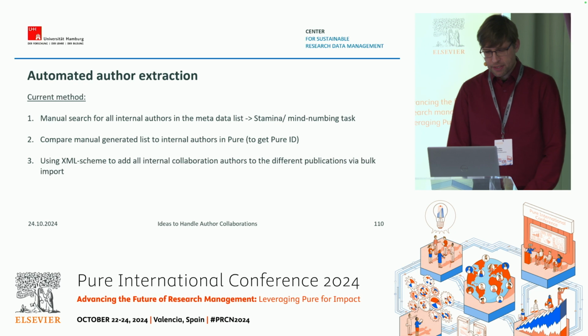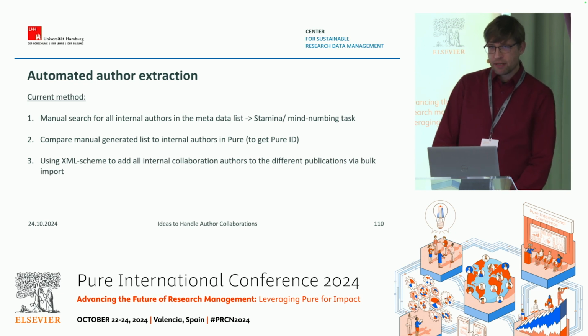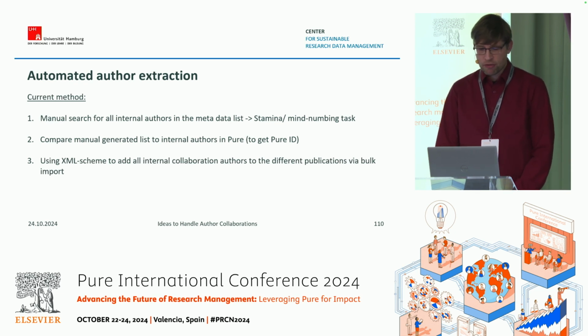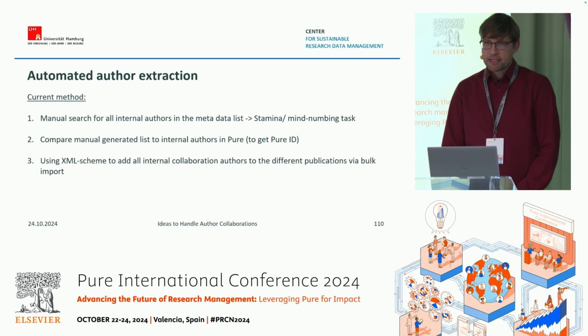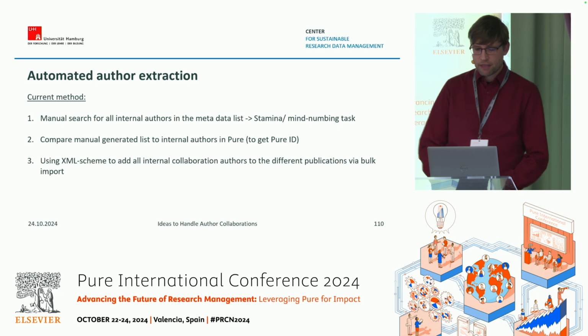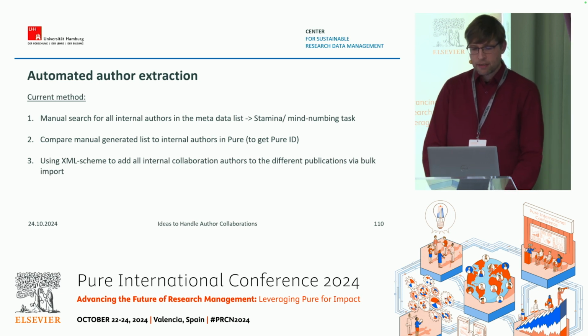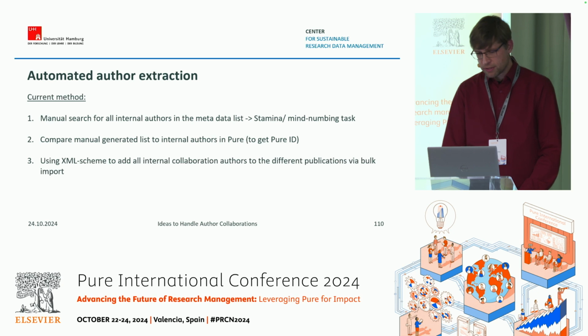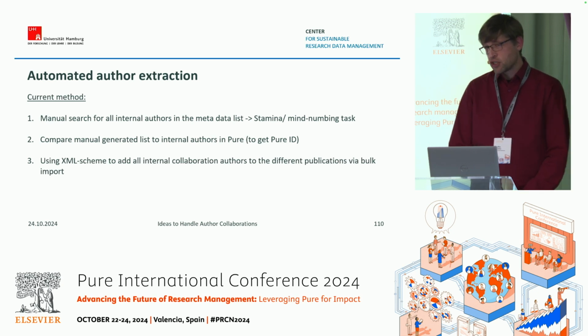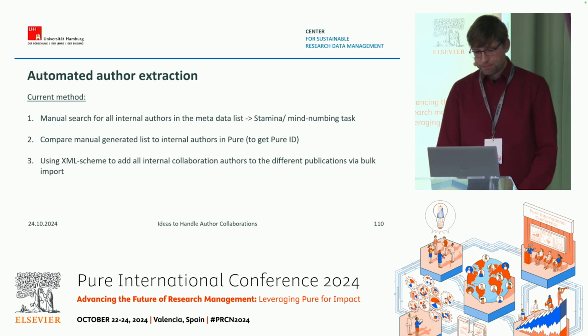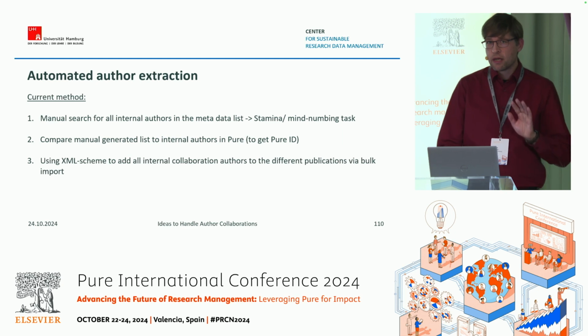Then, when we have this manually generated list of our internal authors, we take a list out of Pure and match it with the metadata from Pure. Then we have this added list and import it via bulk import to generate the publication entry.